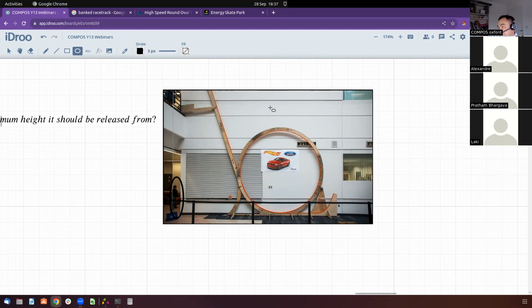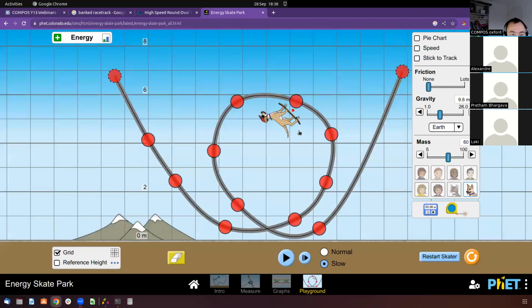Height equal to the top of the loop. Well, does it? So are you saying that if we release it from here, it will make the loop? Let's test. We have the skateboarding dog.